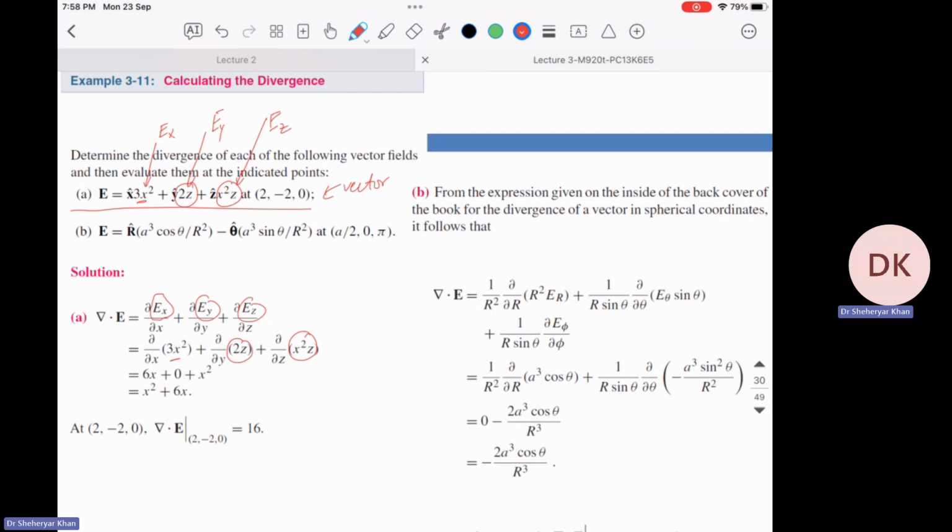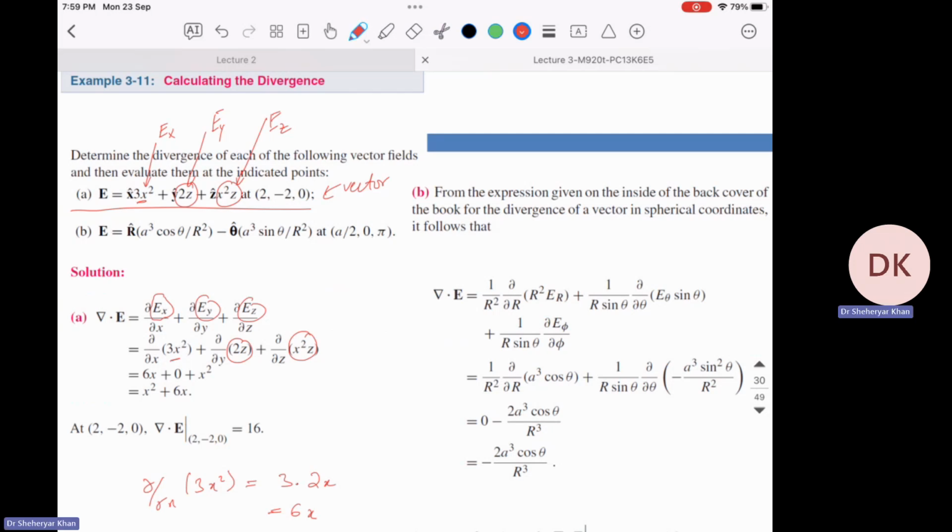The derivative of 3x square is 6x: 3 multiplied by 2x is 6x. Similarly, the derivative of 2z with respect to y is 0. This is tricky.